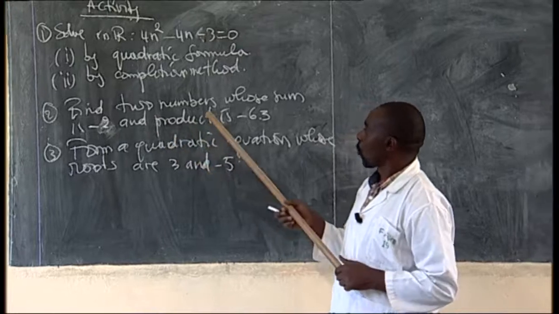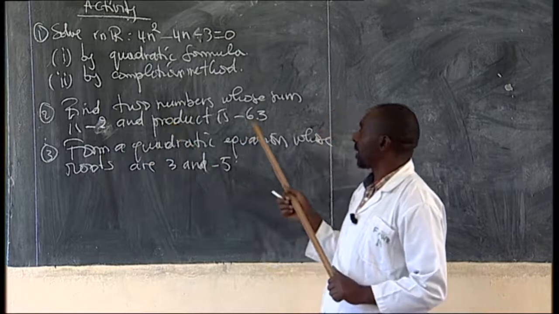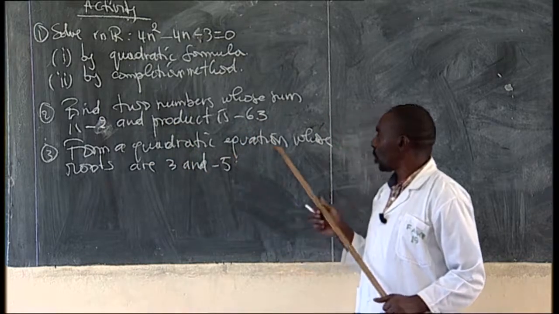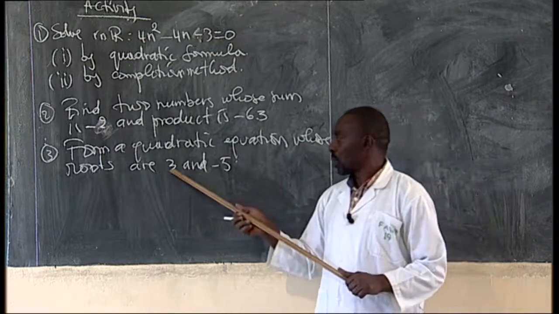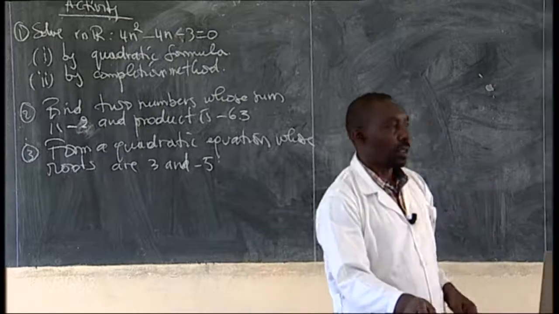Number 2, find the two numbers whose sum is -2 and the product is -63. And 3, form a quadratic equation whose roots are 3 and -5. Please hurry up.